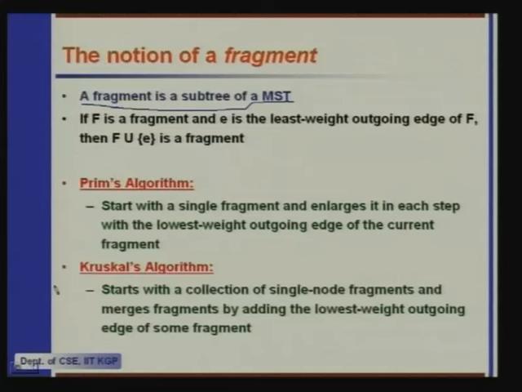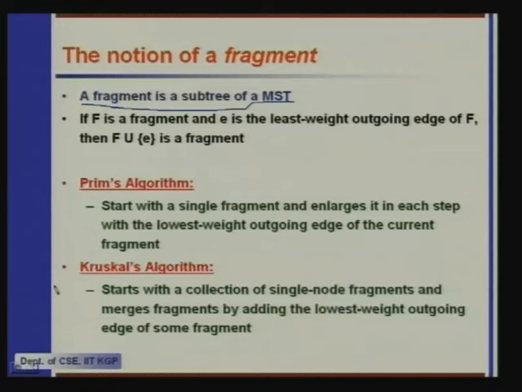Now, given these two algorithms, which one do you think is better in a distributed setting? So, we have a divided opinion. Some people are saying Prim's, some people are saying Kruskal's. Which one is more amenable for parallelism? Kruskal's, because in a distributed way the fragments can start merging and then merge with each other to form the spanning tree, right.